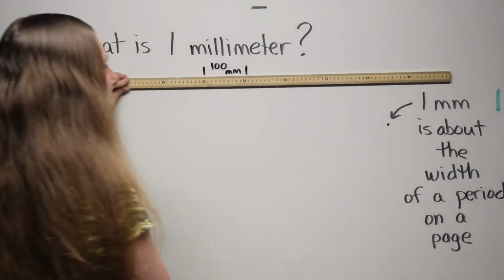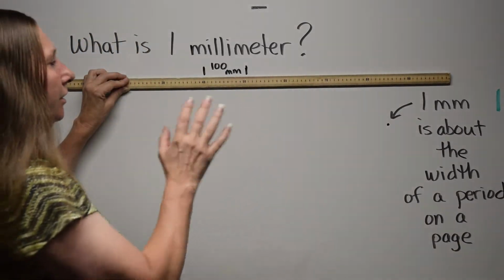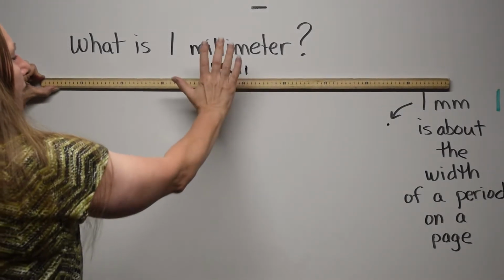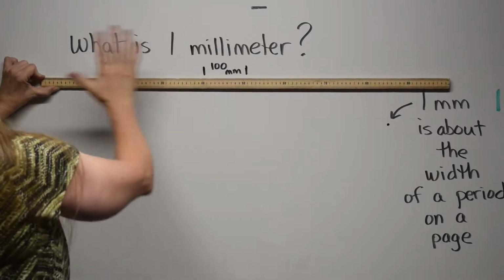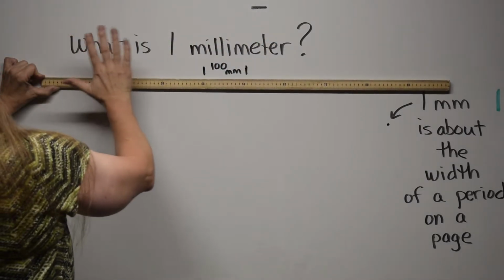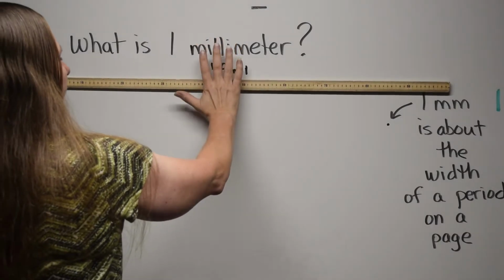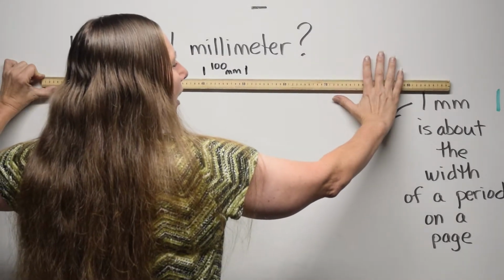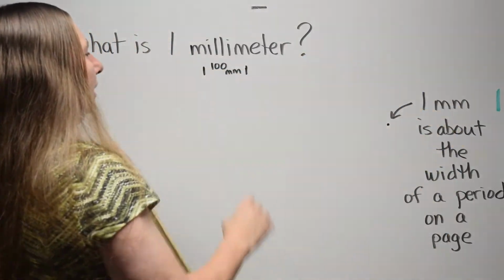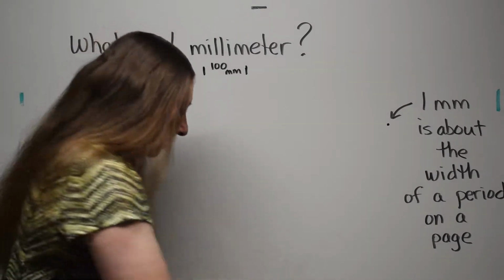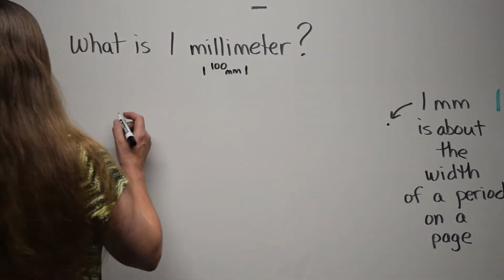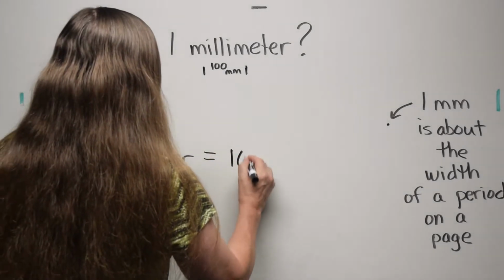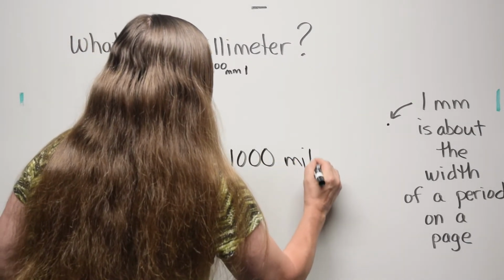So let's count how many millimeters there are in a meter. If that's 100, let's count. That's 100, 200, 300, 400, 500, 600, 700, 800, 900, 1,000 little tiny itty bitty millimeters is the same as 1 meter. 1 meter equals 1,000 millimeters.